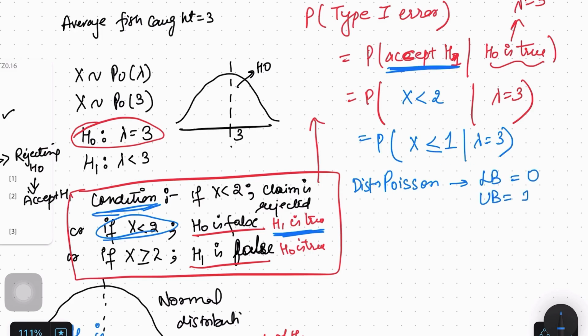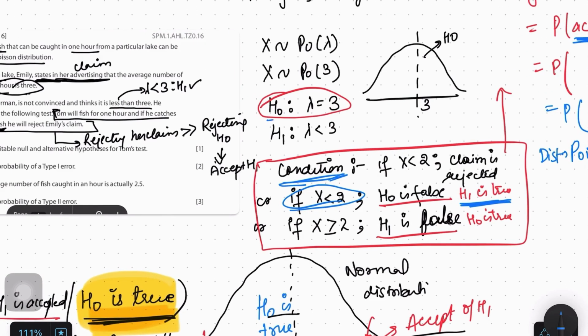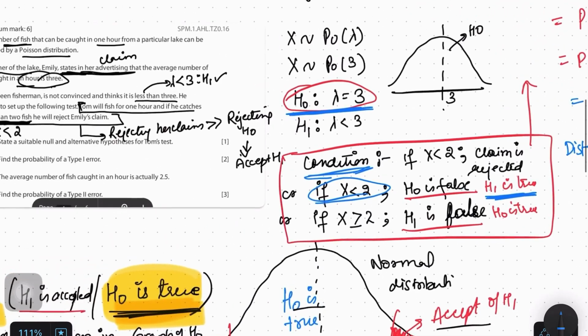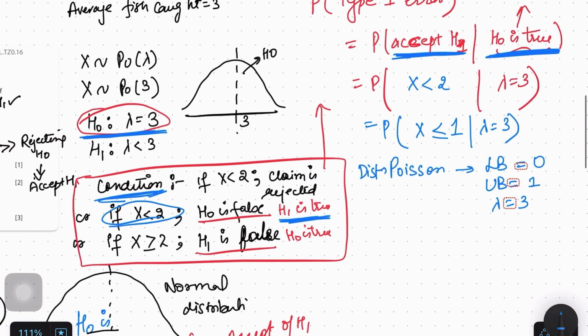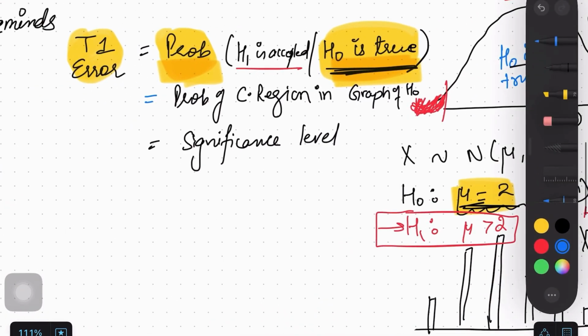So X less than 2 means that the opposite will be X greater than or equal to 2, and if H0 is false, it becomes H1 is true. H1 is false, sorry. H0 is false means H1 is true. And H1 is false here means H0 is true.